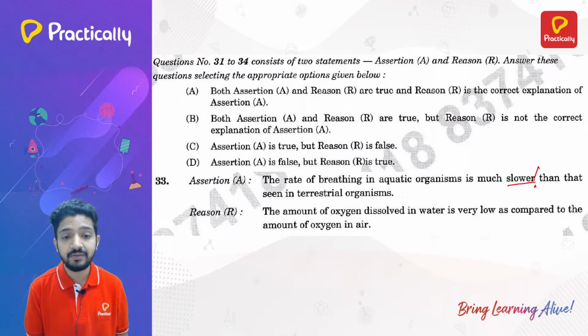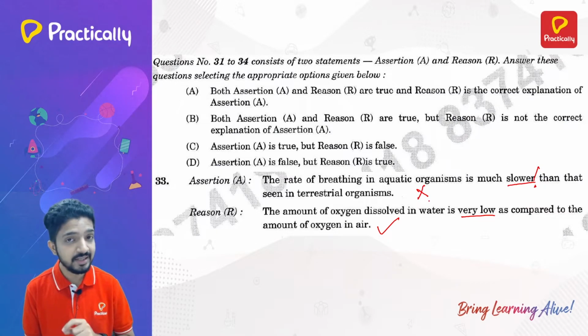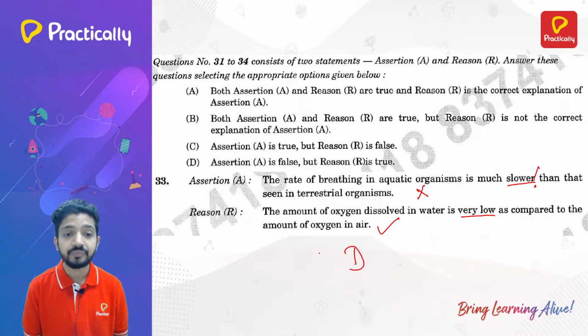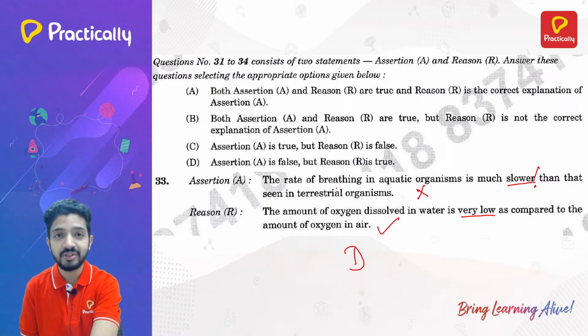And the reason given over here, that the amount of oxygen dissolved in water is very low as compared to oxygen in air, is very true, but the assertion statement is false. Hence, the correct answer for this will be D. That is, assertion is false, but reason is true. Let's move on to the next question.